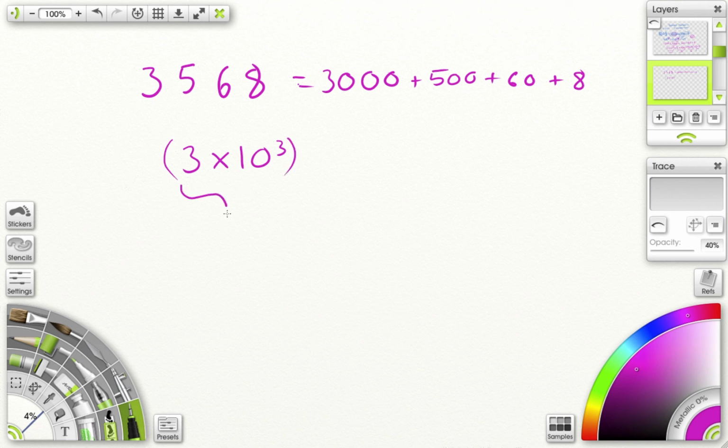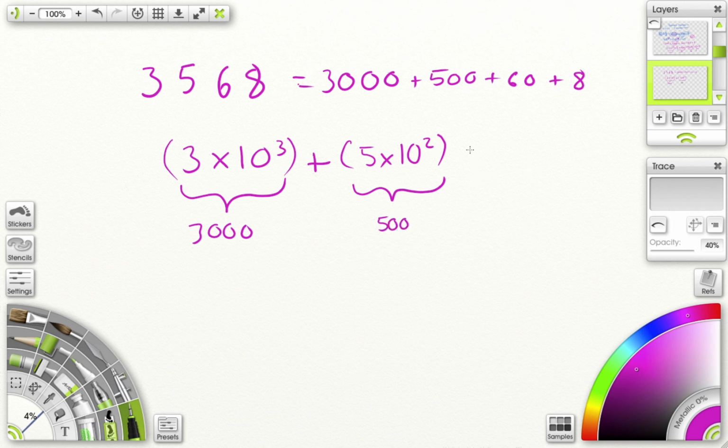So this is my 3,000, plus 500, which is 5 times 10 to the power of 2. I know that this is my 500, plus 60, which is 6 times 10 to the power of 1. So that's 60, and plus 1 times 8. And that's my 8.